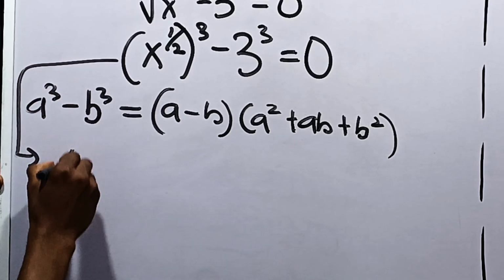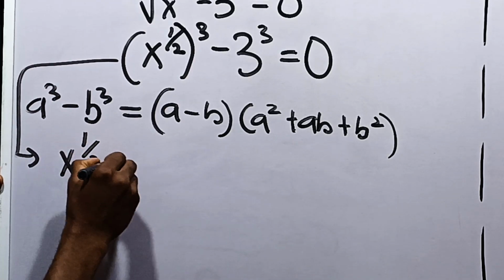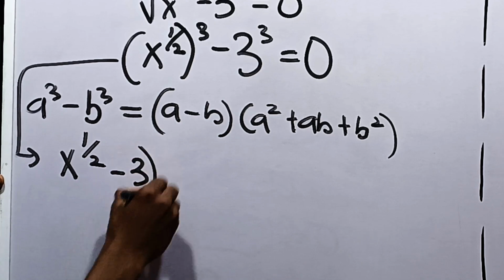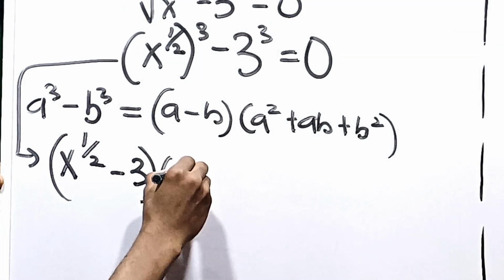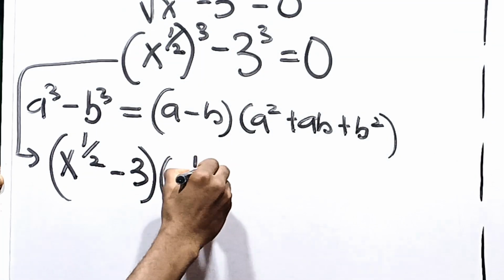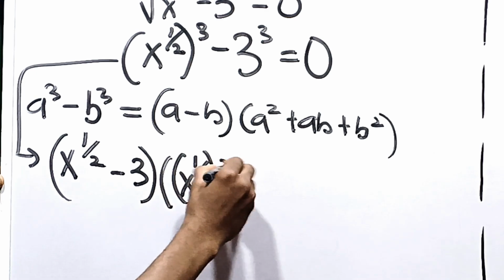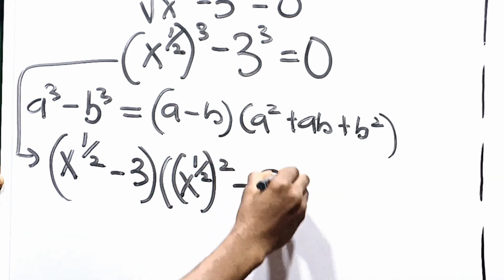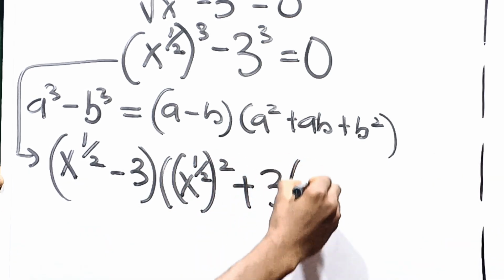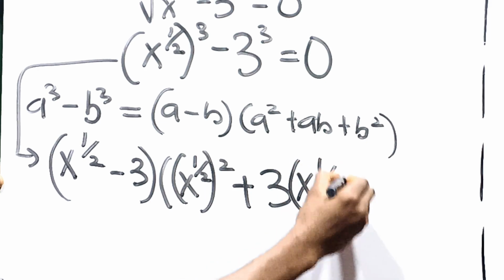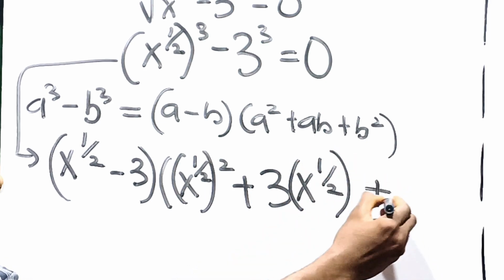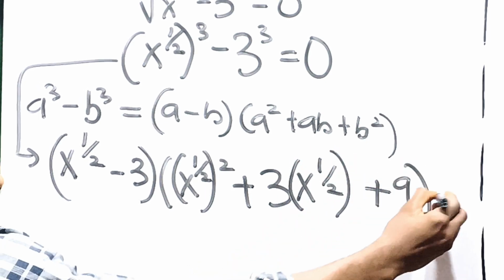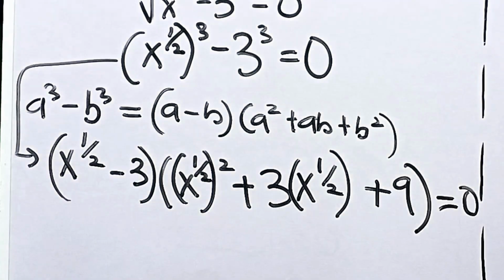Now applying this law here, we're going to have x raised to the power half minus 3 into x raised to the power half squared, plus 3 into x raised to the power half, plus 3 squared, which is 9, and this is equal to 0.